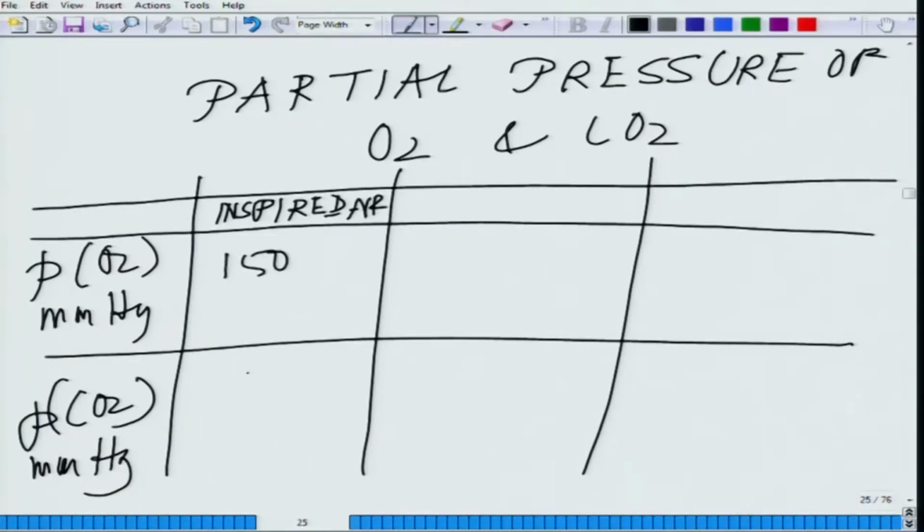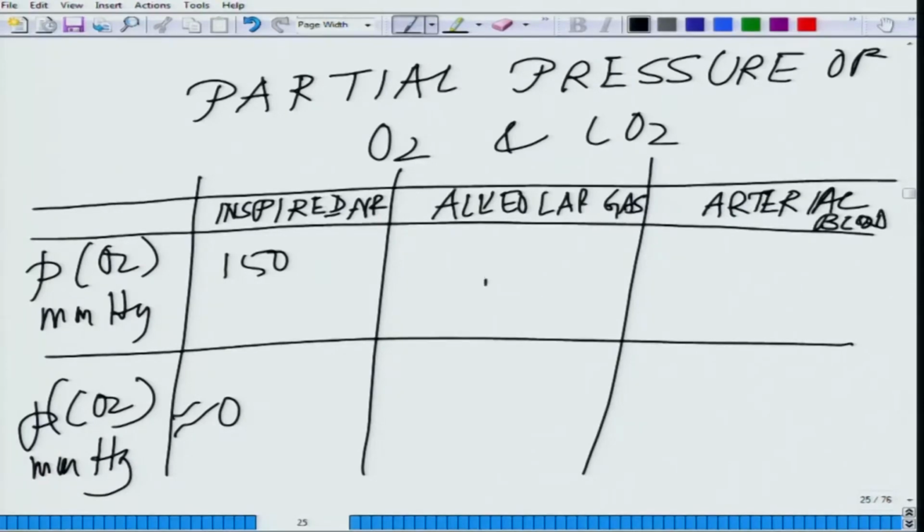We have calculated this 150, and this is approximately 0, whereas for alveolar gas, as well as the arterial blood, which is laden with carbon dioxide and coming to the lungs for purification, this is around 100, and this is around 40.